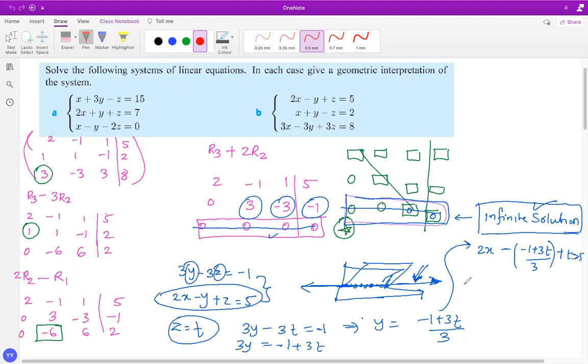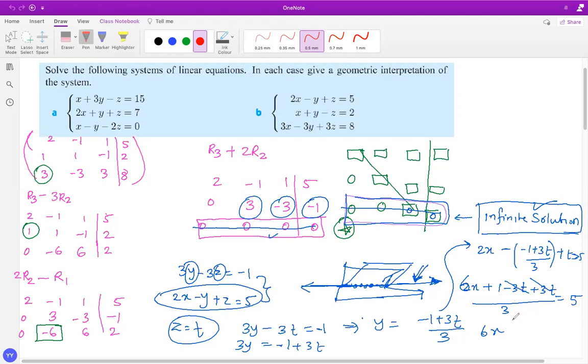Now when I take the LCM for this, it is 6x plus 1 minus 3t plus 3t, over 3, equals 5. Now, the minus 3t and plus 3t get cancelled.